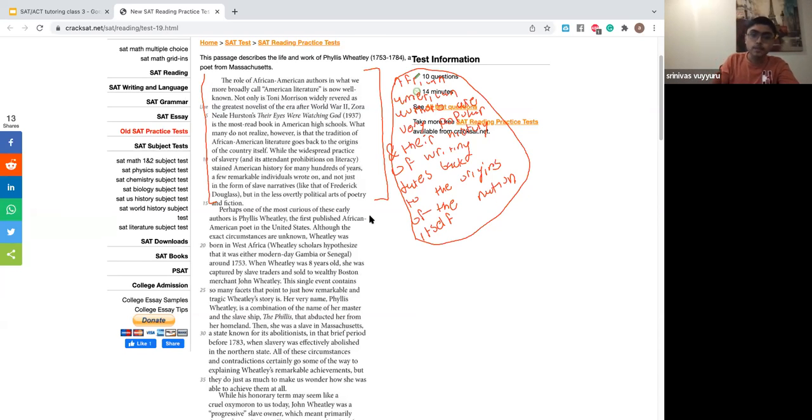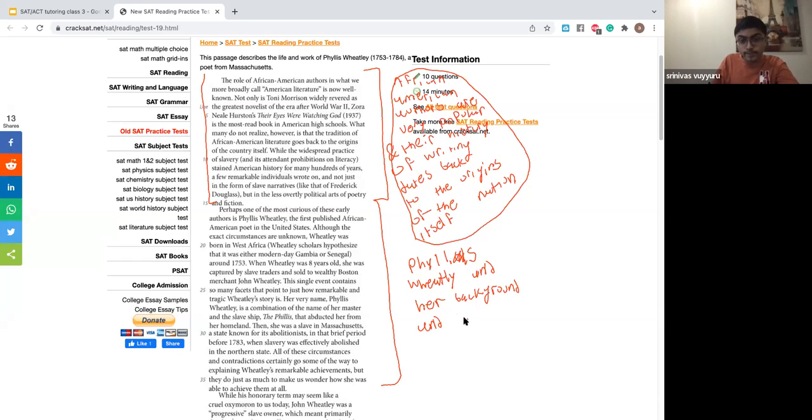So basically, what this paragraph says, after I get the drawing. Okay, what this paragraph says is it talks about Phillis Wheatley and her background, and the fact that she was the first published African American poet.